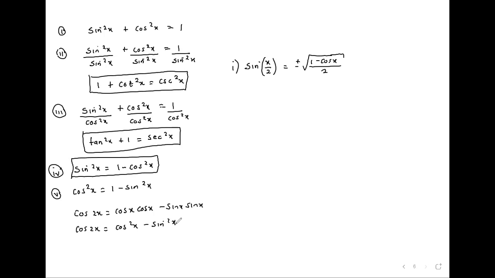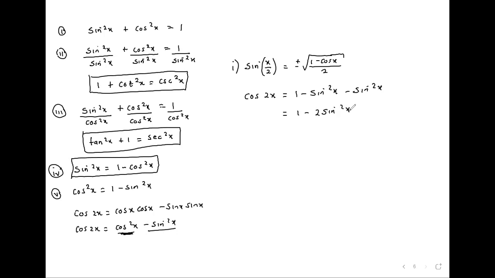Now, if we have this relationship here, then for us to get sine, we change this cos squared into sine. So we're going to have cos 2x is equal to 1 minus sine squared x, and then there is this minus sine squared x. This is the same as 1 minus 2 sine squared x.